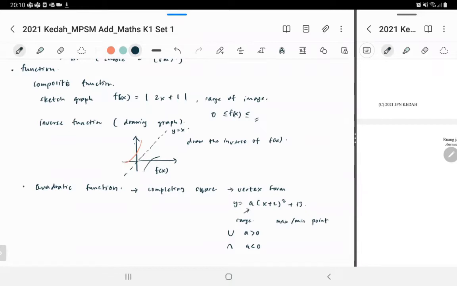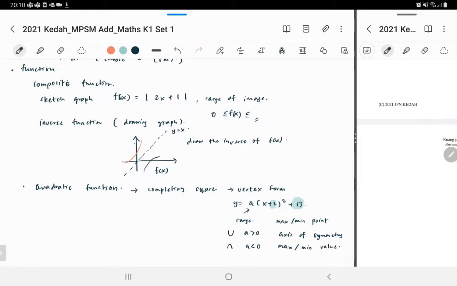That means it is somehow related to this value and this value. And also the axis of symmetry, and also the maximum value or minimum value. This kind of thing.